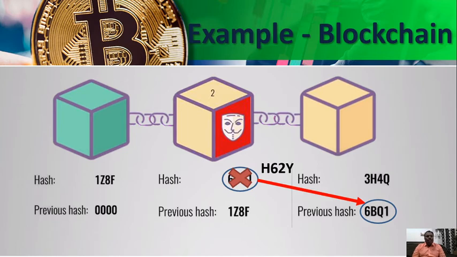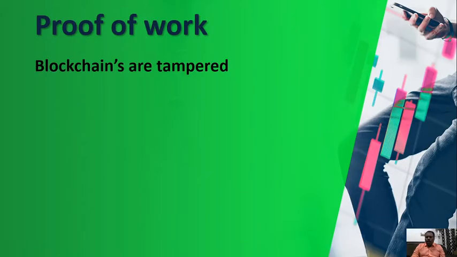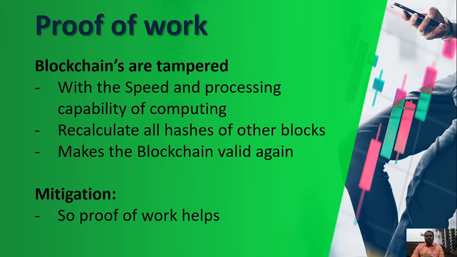The new hash value generated is h62y. The hash value that was maintaining the chain was 6bq1, which is in block number 3. Because there is a change in the data in block 2, the chain gets broken. Since the chain is broken, all the subsequent links are also broken.